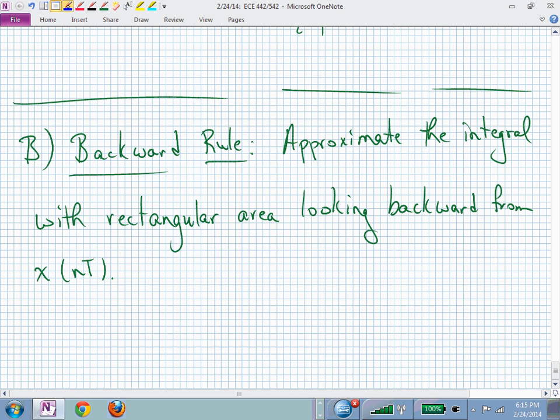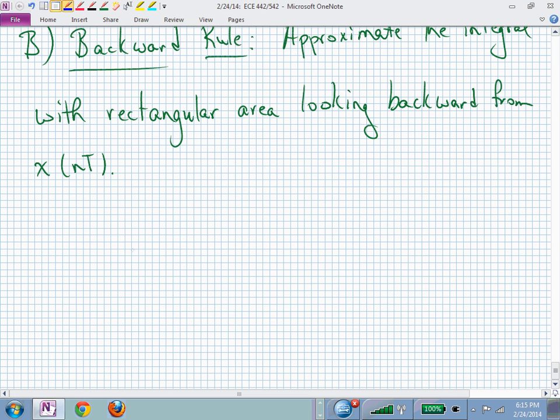Meaning now, if we have this integral from nT minus T to nT of x of tau d tau, we are approximating that.